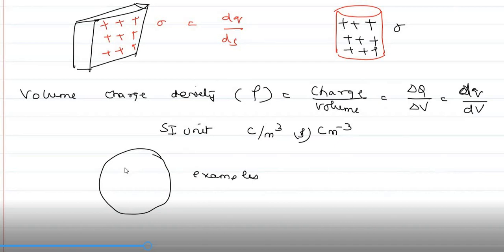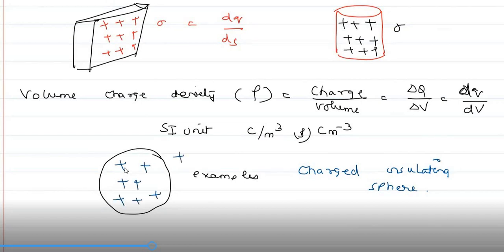That means it should be a charged insulating sphere, where the charges are distributed uniformly over the entire volume. Is it clear?